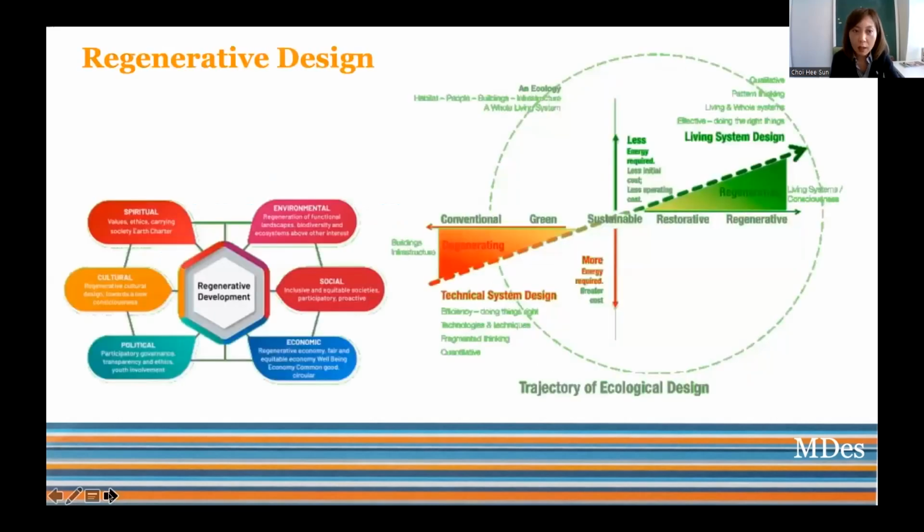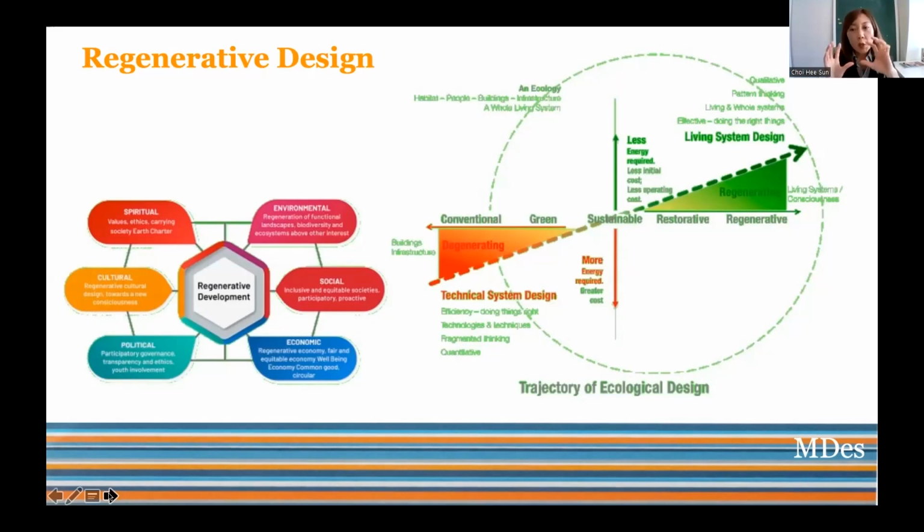Based on that, we can understand overall regenerative development from six different aspects: environmental, social, economic, political, cultural, and even spiritual. That's what we are emphasizing in our course about the Gaia theory, but you're going to see a little bit of an example of the project later on.